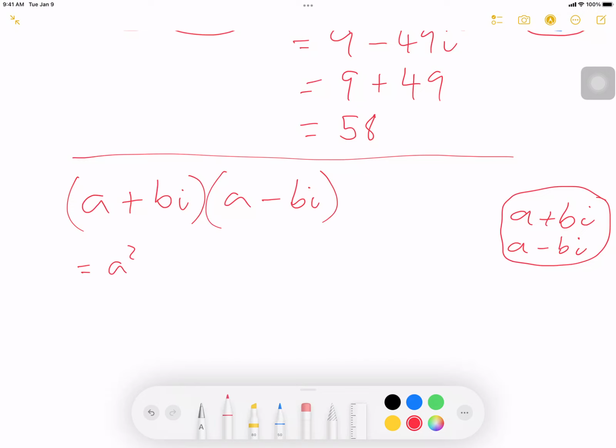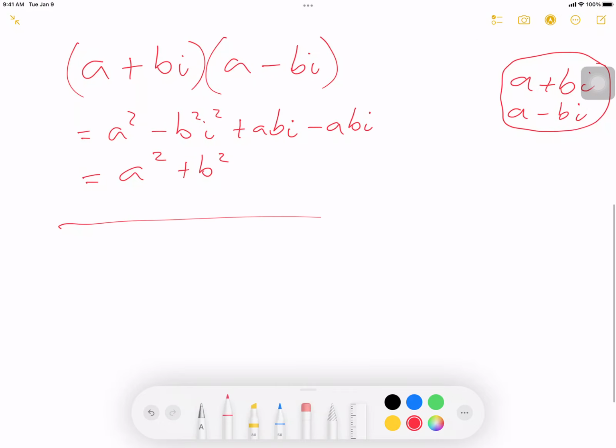So minus b squared i squared when we multiply those two together, and then we go plus abi minus abi, and of course we're getting a squared plus b squared.